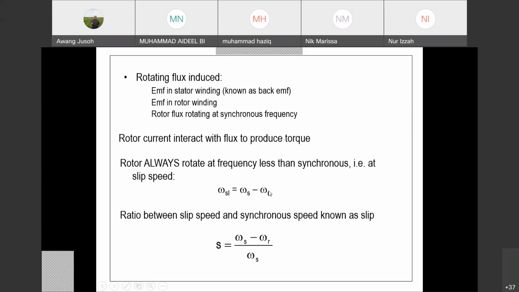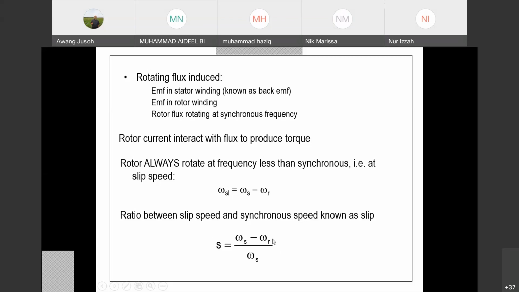And the ratio between slip speed over synchronous speed, we call it slip. This is slip, for the induction motor. The slip for the motor can go from 0 to 1. I mentioned before, 0 means when the rotor speed equals synchronous speed, then we get 0 slip. If the motor rotates at synchronous speed, then we get 0 slip. And slip equals 1 when the rotor speed equals 0.